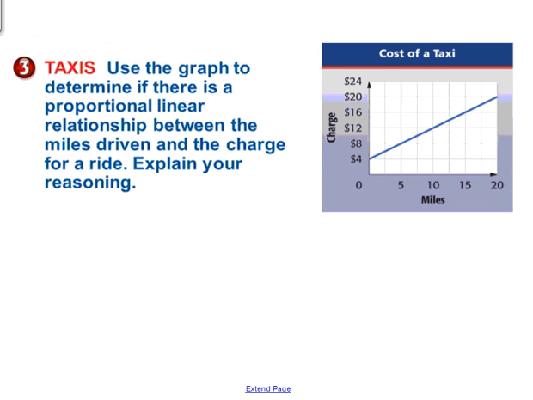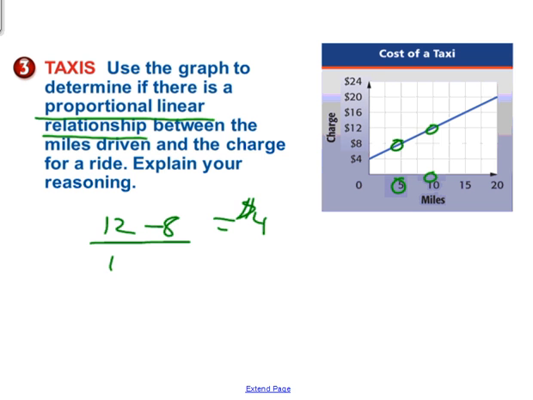When you're talking about taxis, it says use the graph to determine if there is a proportional linear relationship between the miles driven and the charge for a ride. Explain your answer. I'm going to say from 5 miles driven costing $8 to 10 miles driven costing $12, 12 minus 8 shows a change of $4.